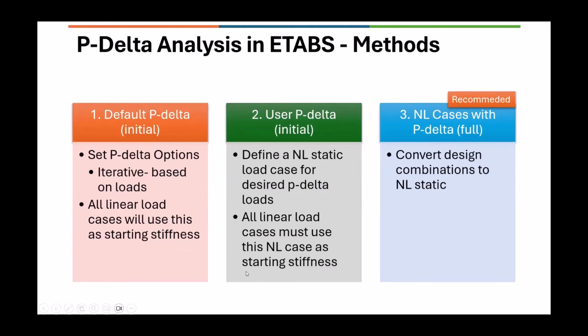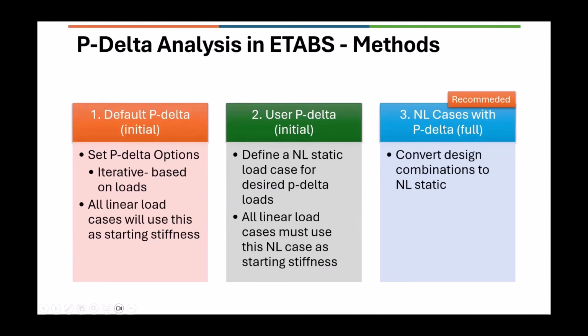You'll have to mention this stiffness for the linear load cases. Only one load case will be nonlinear in both of these. That would be the P delta case. The rest will all be linear cases. So when it is linear, then it is convenient to combine them in the load combinations. That is the benefit you are going to get from the design point of view.